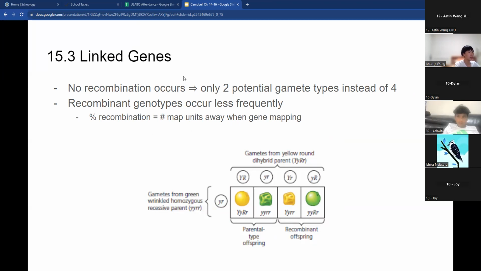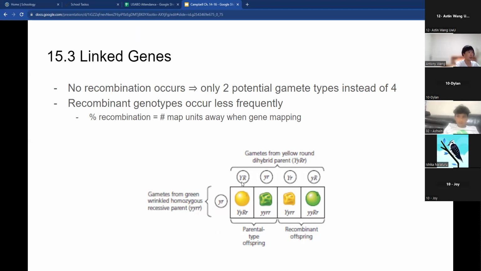No recombination occurs, only two potential gamete types instead of four. Although it's less likely, recombination can still happen, you can still split the alleles, it's just not as likely. And a recombinant offspring is an offspring that defies the linked genes.